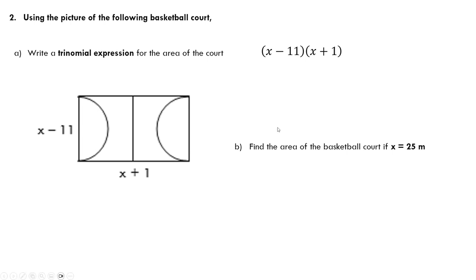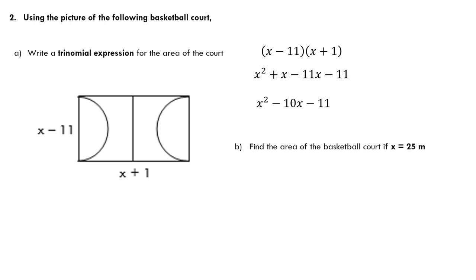When we expand this, we end up with x squared plus x minus 11x minus 11, which further simplifies to x squared minus 10x minus 11. So this is the trinomial that represents the area of this basketball court.